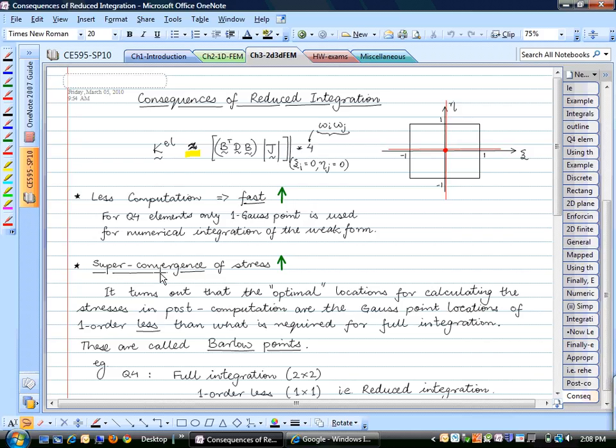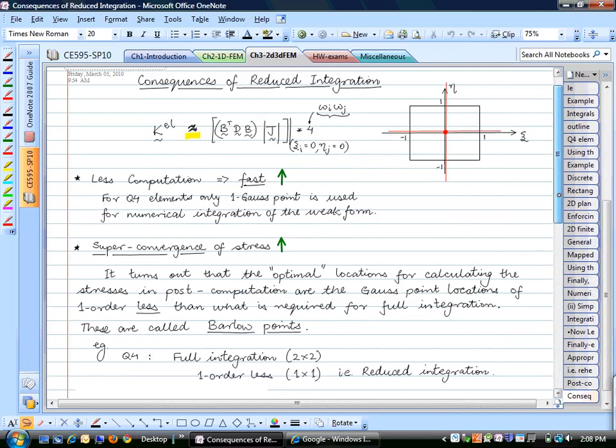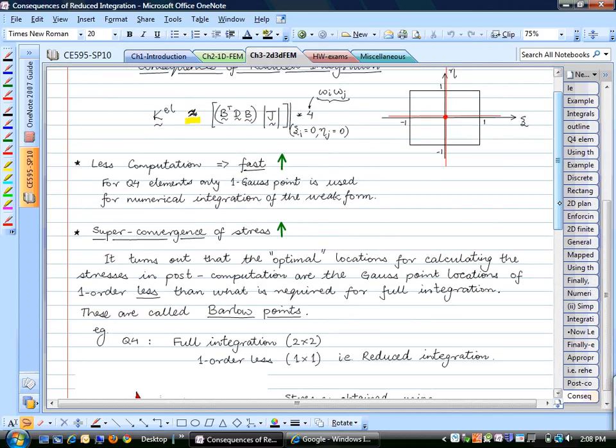Another upside of using reduced integration is something called superconvergence. Superconvergence of stress. And what that means is that people actually tried over many years to code these types of elements with different types of quadratures.